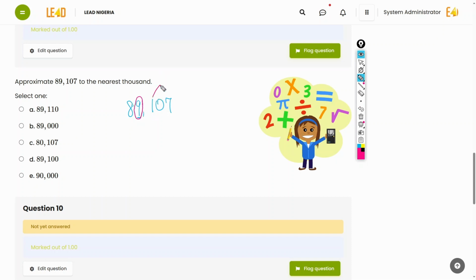This is a weak digit. 1 is weak. So because 1 is weak, we are going to add 0 to the target digit. The answer is going to be 9, 8, and then everything beyond that position is 0, 0, 0. So the answer is 89,000.